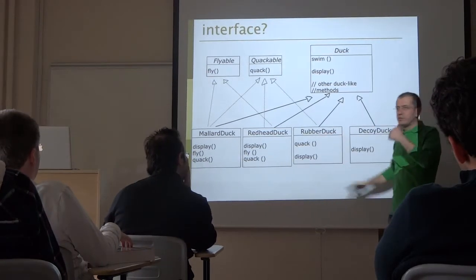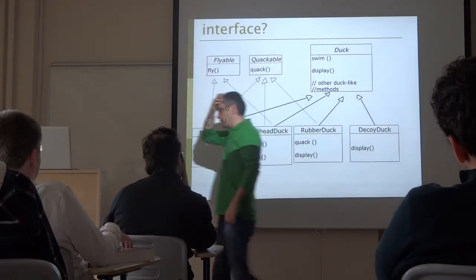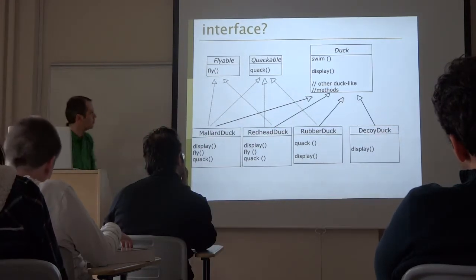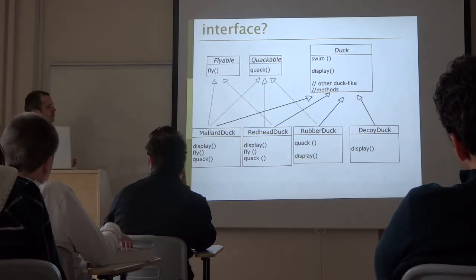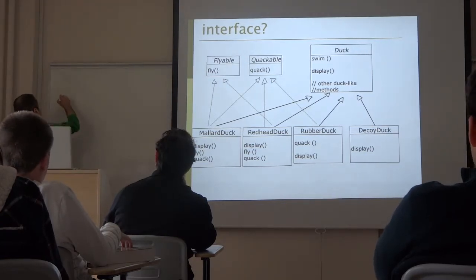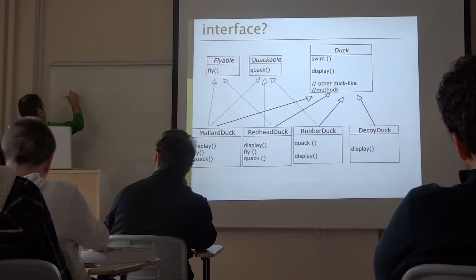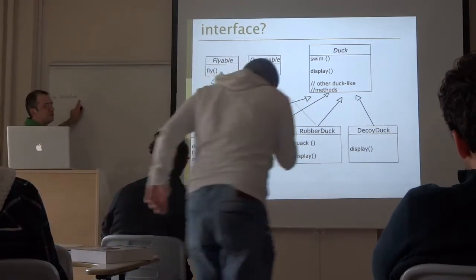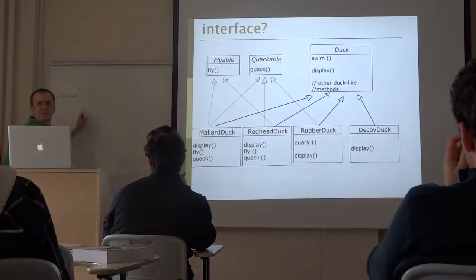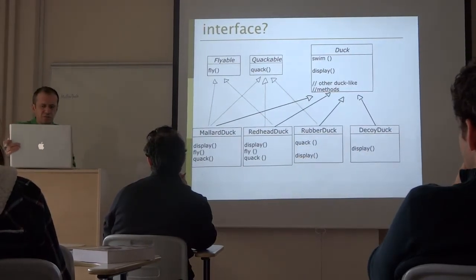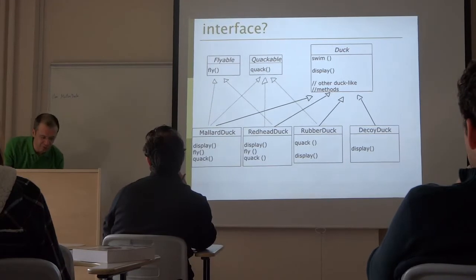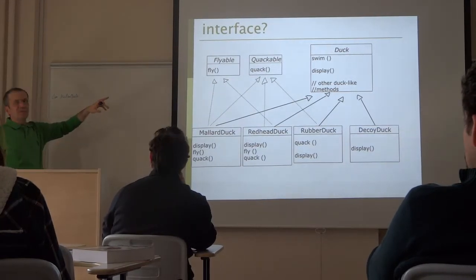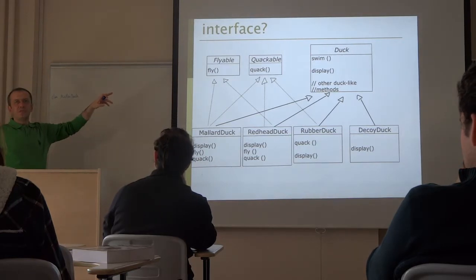So what I do here is something like, when I talk about, for example, the mallard duck, like this is a class, right? How do I, well, I think I need to move this one here. Well, first of all, it is inheriting duck.